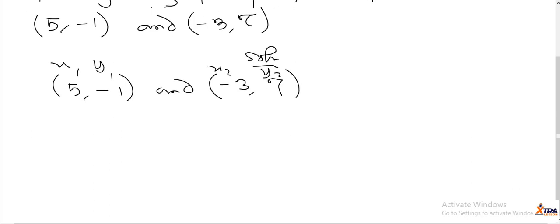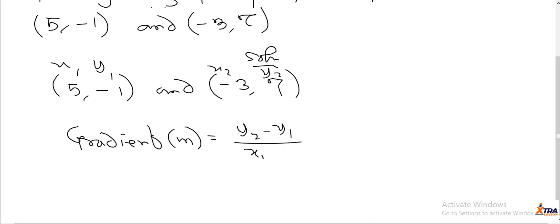And from the formula, we have the gradient m equals y2 minus y1 over x2 minus x1. So now we substitute for each of the values.